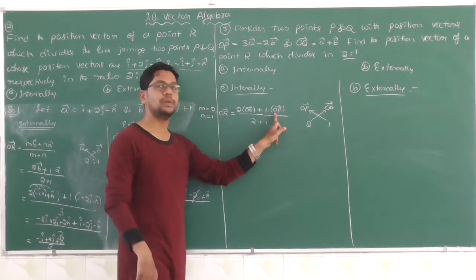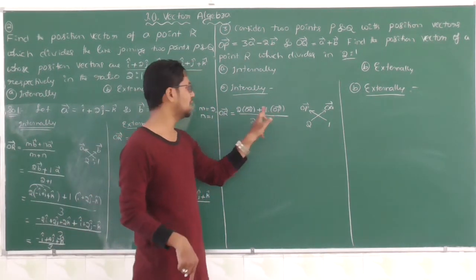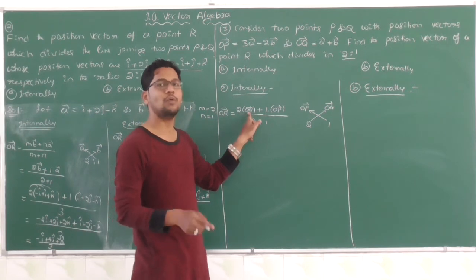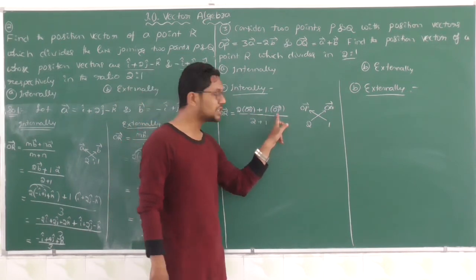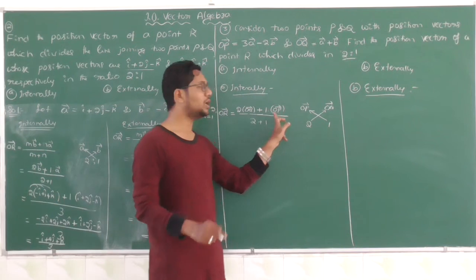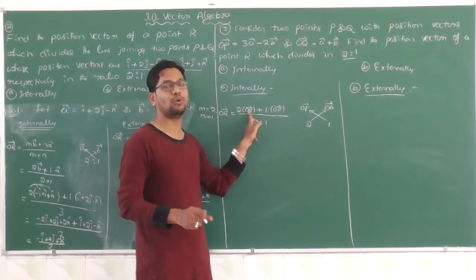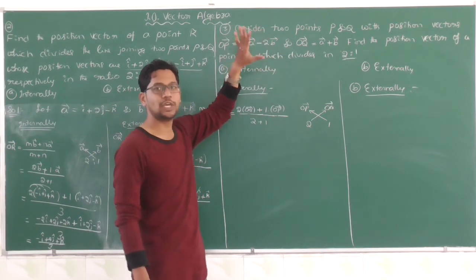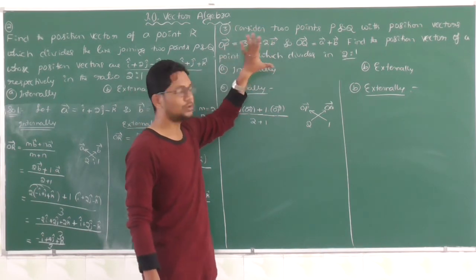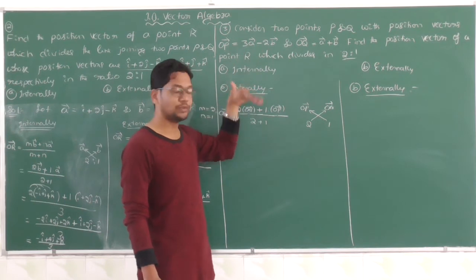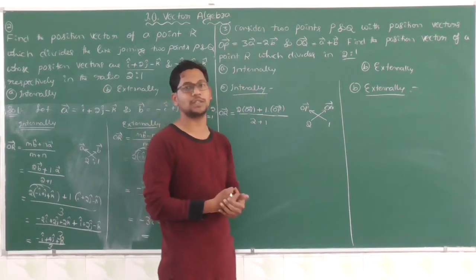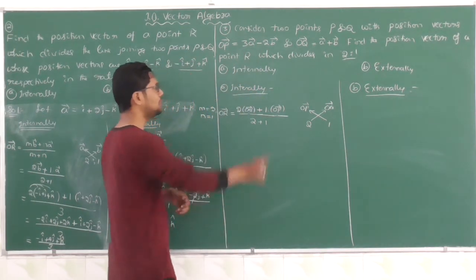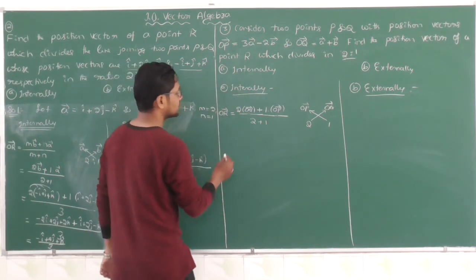In place of A vector, we have OP vector. In place of B vector, we have OQ vector. You just observe the question properly, and you will come to know which values we have to substitute in the formula.